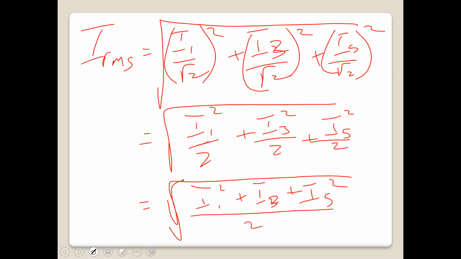So instead of individually dividing the components by root 2 and then squaring, you could simply square each component, add them, divide by 2, and then find the square root. You can do that on your own time and test the legitimacy of what we're saying.